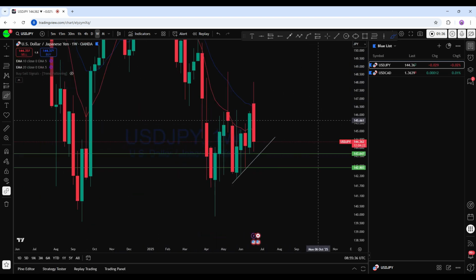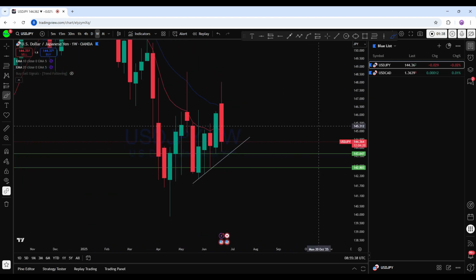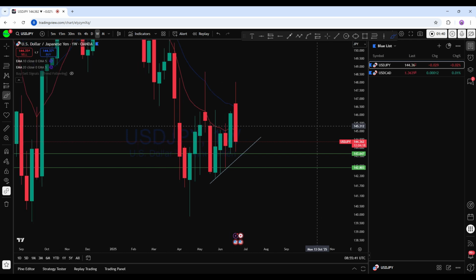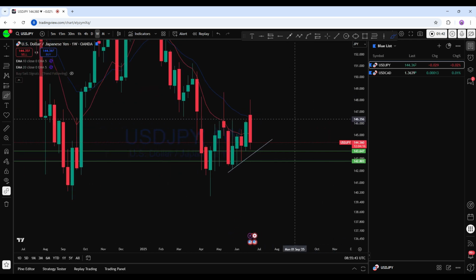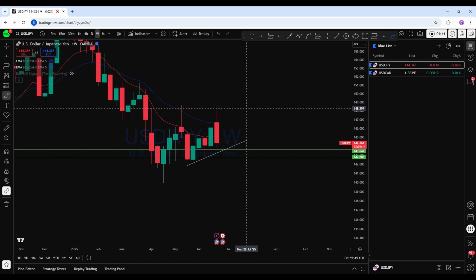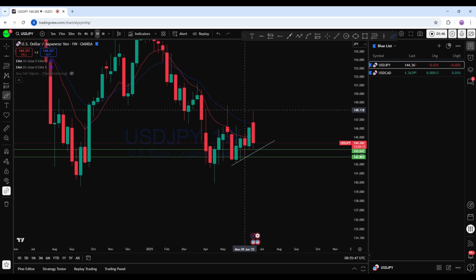Now if we look at the weekly chart here on dollar yen, from the weekly also it's a bear market. If we look at the high of those candles, we can see this is a key level of resistance, and the market made this drop, followed by a series of lower highs.